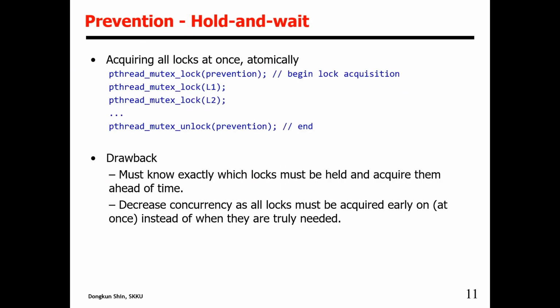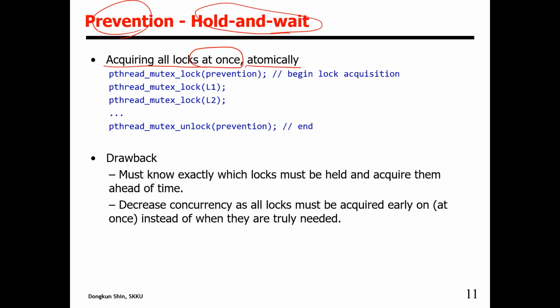So next, to prevent deadlock, we can prevent the hold and wait condition. Hold and wait means a thread has a resource and it is also waiting for other resources. To prevent this situation, we can use the technique of acquiring all locks at once atomically.